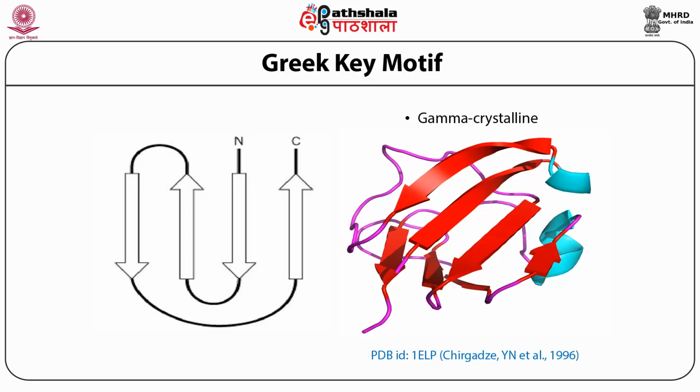So the first and fourth beta strands are antiparallel to each other, and the third and fourth are connected by a longer loop. The simplest example is gamma crystallin, which is shown here, where the 4 beta strands are in one plane, and how the loops are connecting them can be clearly seen here.